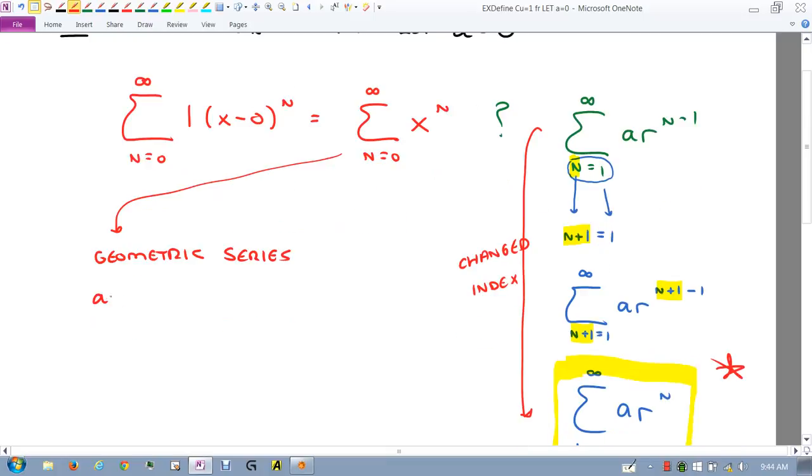With a being 1 and r being what? r is x. And what do we know about geometric series? It converges if what? When does a geometric series converge? If the absolute value of r is less than 1, right? So this series right here will converge if the absolute value of x is less than 1.